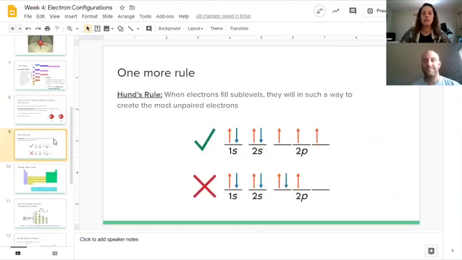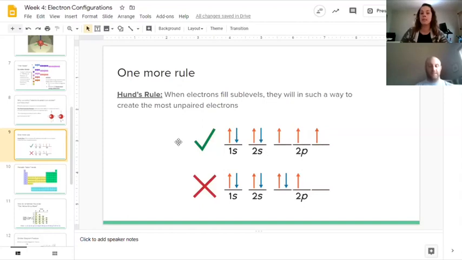And the final rule is Hund's rule. It has, again, to do with the fact that electrons repel each other. Since electrons all have a negative charge, they want to be spaced out as much as possible. So even though these 3 electrons are all going into the 2p sublevel, they're each going to be placed in a separate orbital before doubling up.